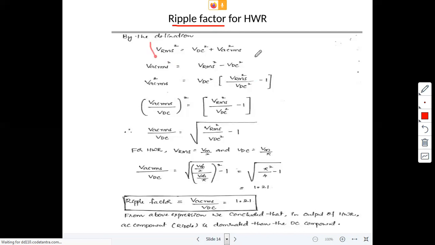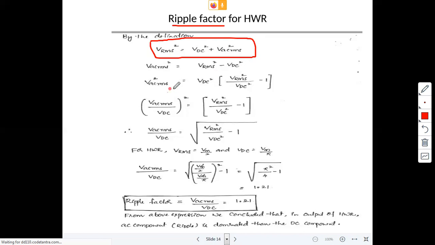For AC circuits, the basic definition is V square RMS is equal to V square DC plus V square AC RMS. From this, with simplification, V AC RMS square is equal to V square RMS minus V square DC.